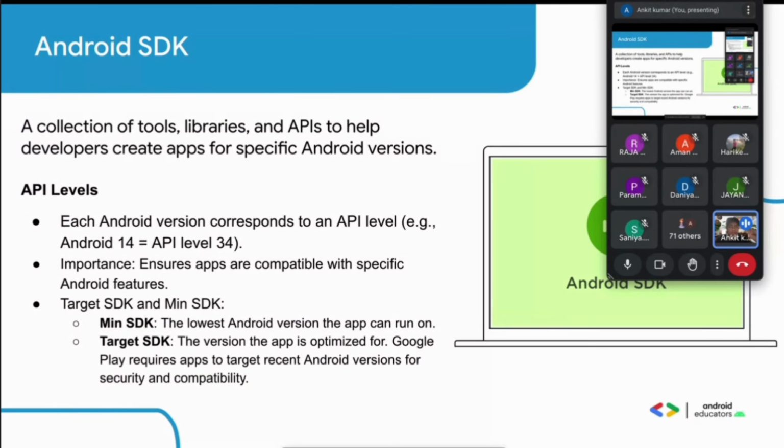So whenever a new SDK gets released, you have to read the documentation. You have to check whether the new set of APIs is backward compatible, which means the API will perform the same way in a lower version of Android, right? So whenever new API levels become public, you have to read the documentation about the compatibility of that API.